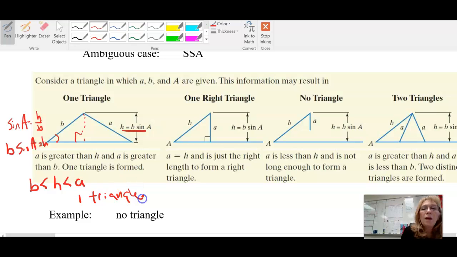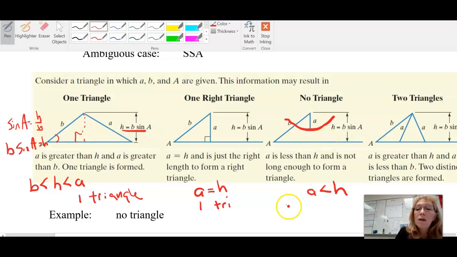Now we compare A to H. If A is equal to the height, that's a perfect 90, and there's still one triangle. If A is less than the height, you can't get a triangle. It just hangs there. It can rotate from here to here, but there's no way it will ever touch that other side. So there are no triangles.